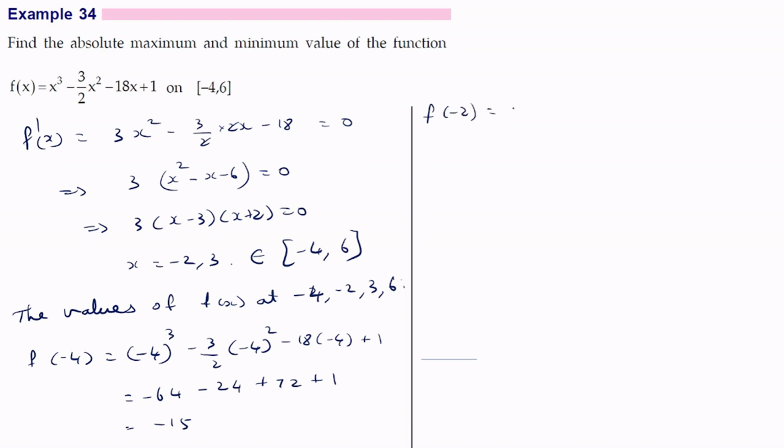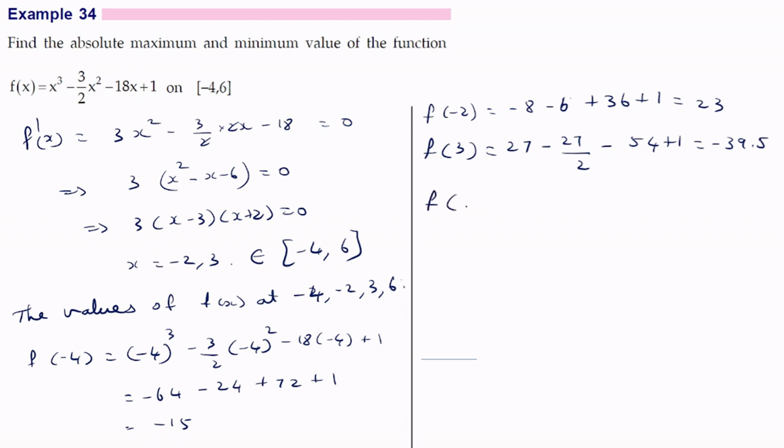It is minus 8, minus 3 by 2 into 4, it is minus 6, then plus 36 plus 1. When we simplify, it is 23. Next f of 3: 3 cube is 27, minus 27 by 2, minus 54, plus 1. When we simplify, we get minus 39.5.